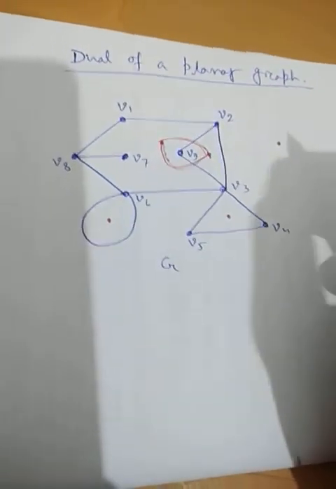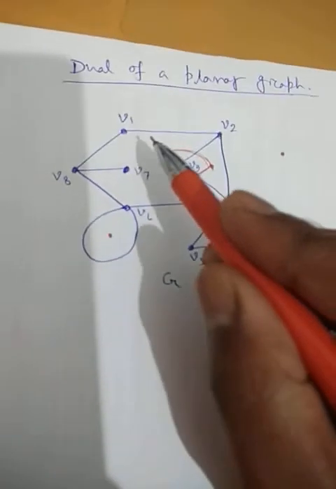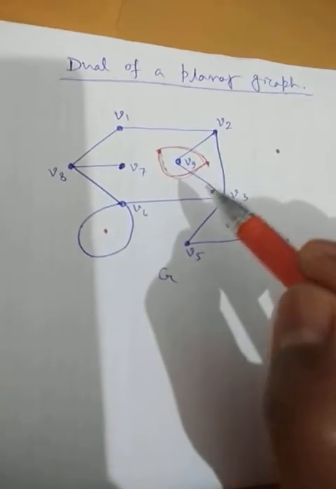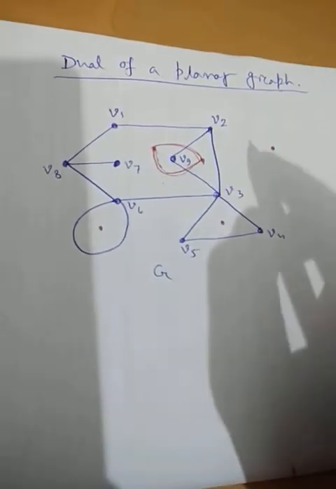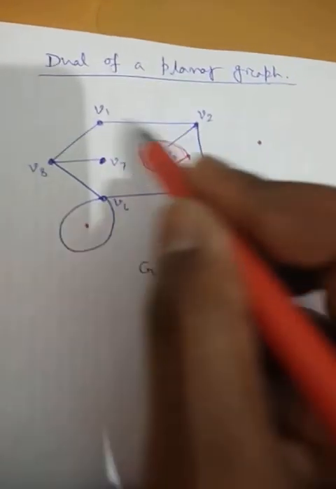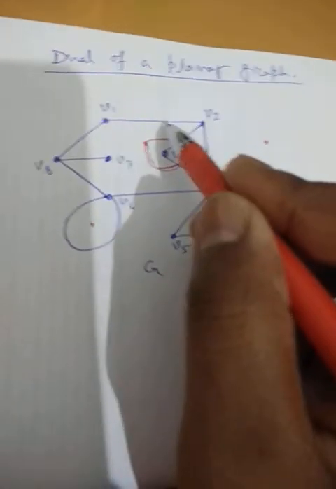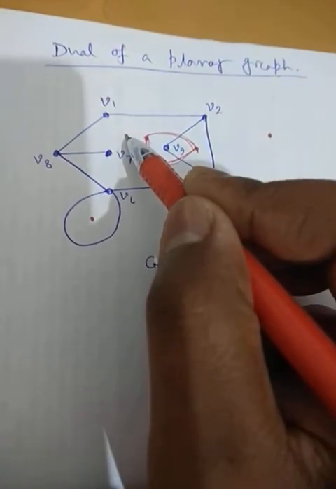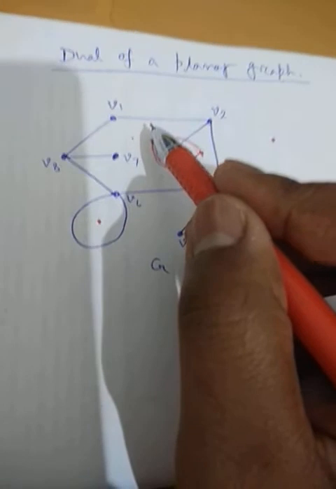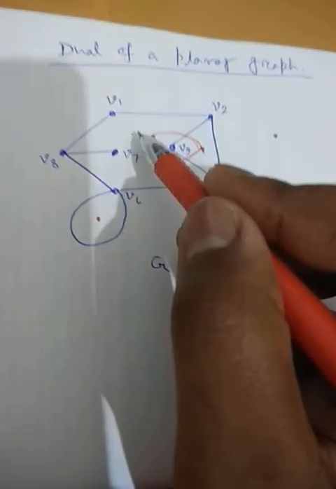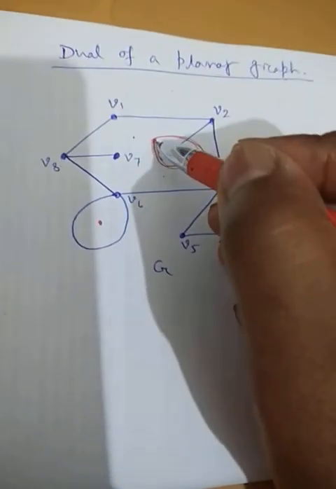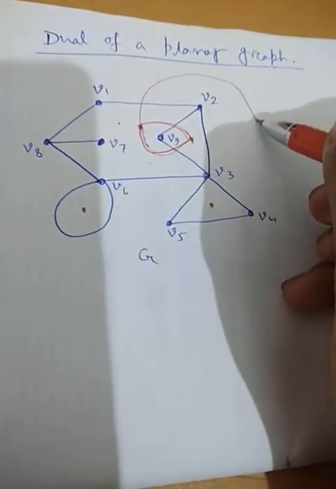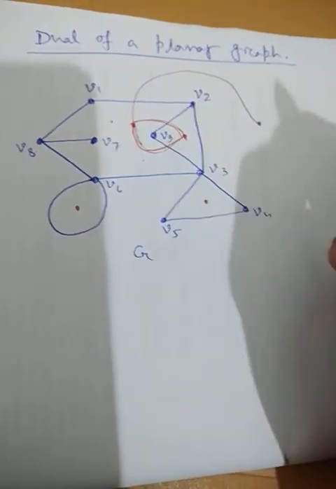In such a way, for each edge of the original graph, we have to draw the edges of the dual graph. Now we are taking this edge V1, V2. V1, V2 is common in the outer face and this face. So we have to join the vertices of the outer face and this face. So we are joining. Okay.